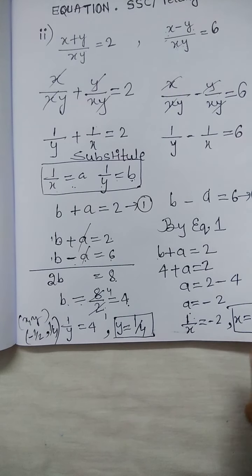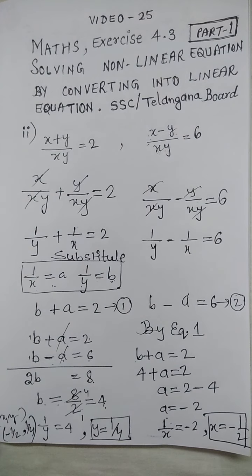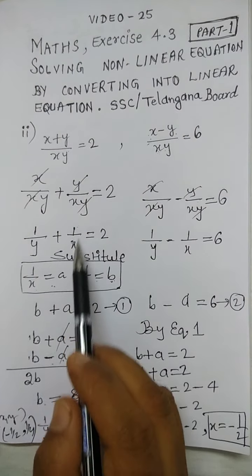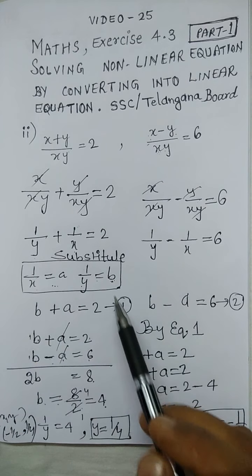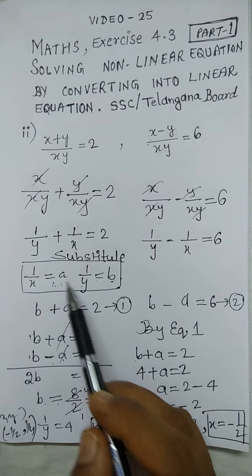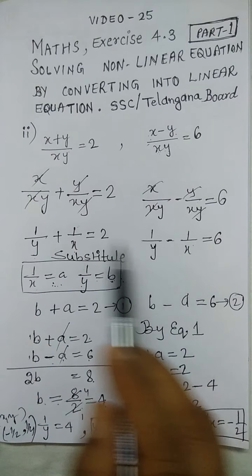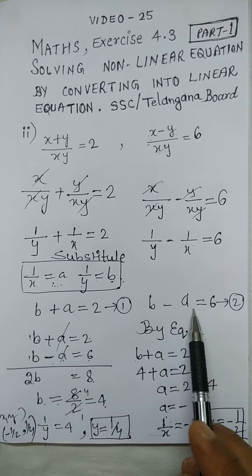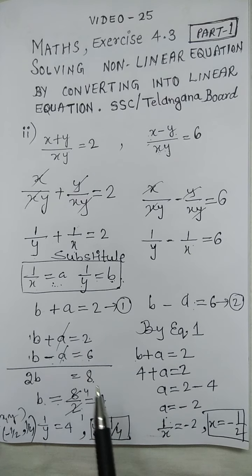In this way, what we have to do is substitute 1 by x as A, 1 by y as B, or you can take any other alphabets. For substitution, I have taken A and B here. Then these two equations will get converted into this form. Then solve these two equations by elimination method.